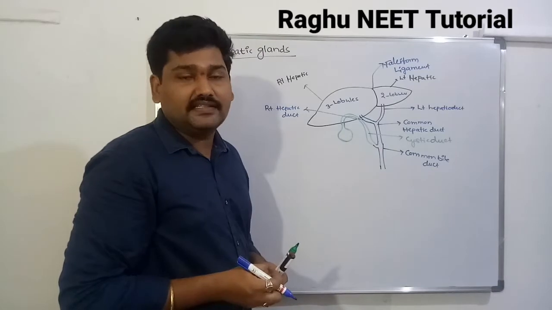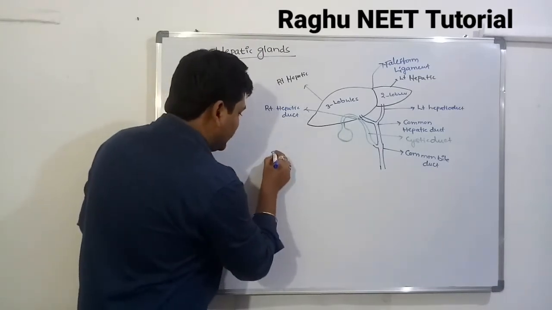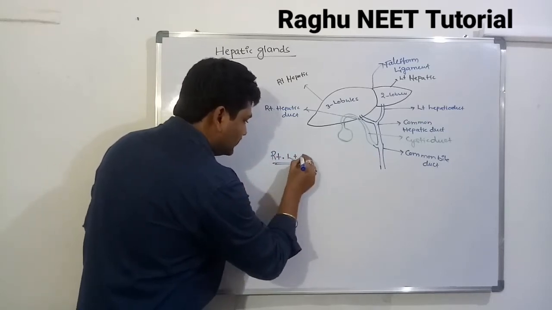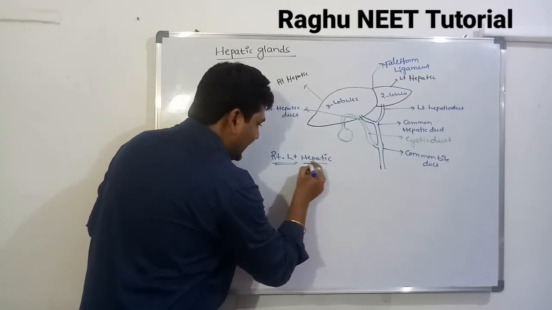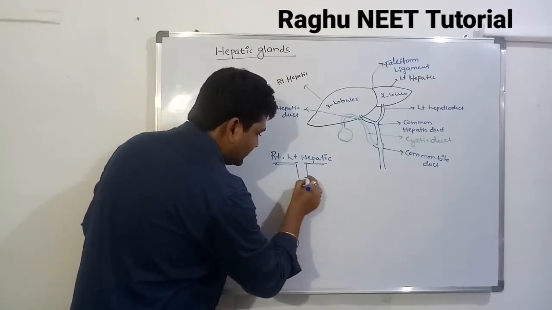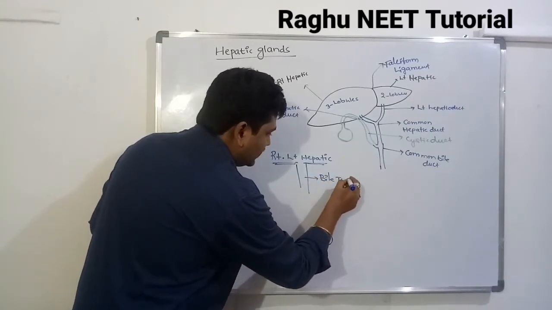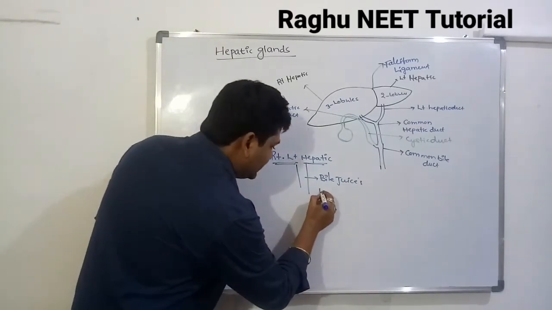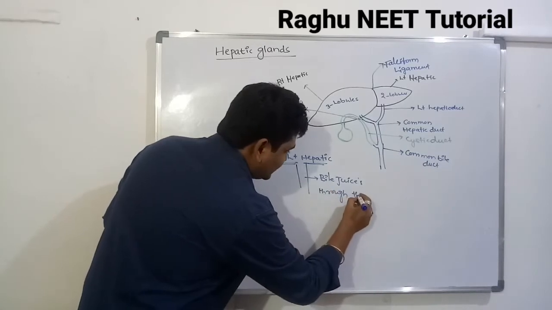The system is called the bile canaliculi.